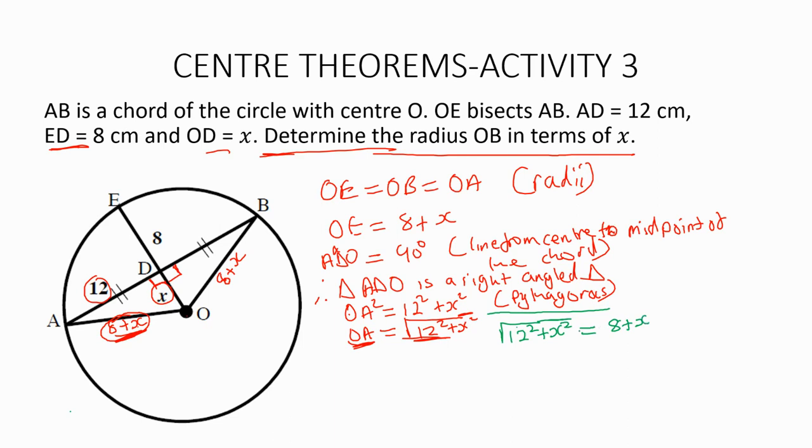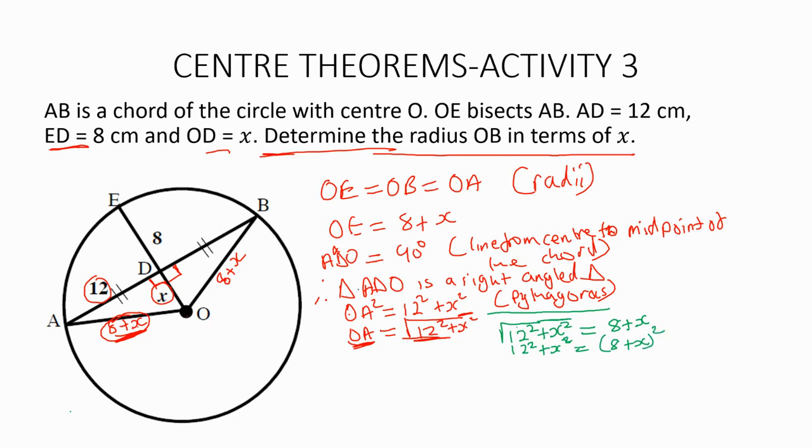Now, what do we have here? We have a surd equation. Do you remember how we solve surd equations? How do we get rid of this square root sign? We square both sides. So it's going to be 12 squared plus x squared is equal to 8 plus x all squared.